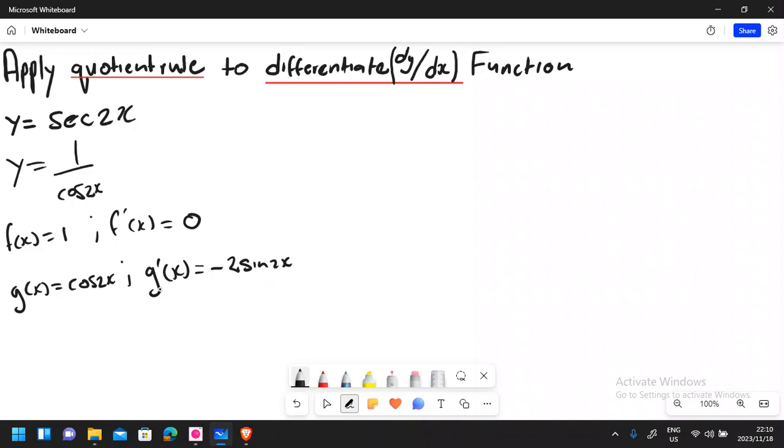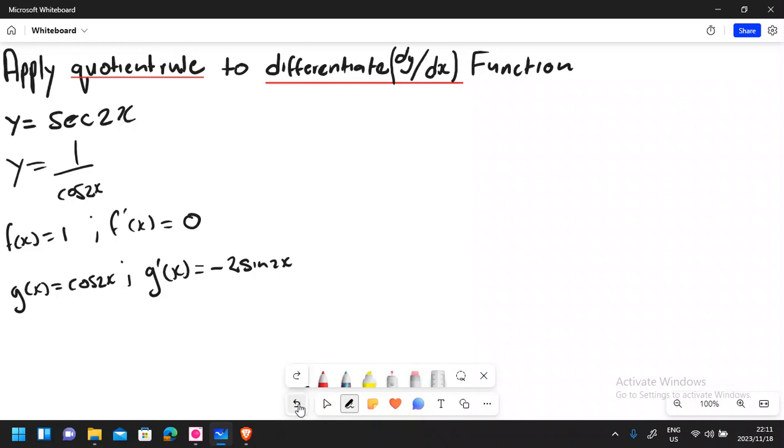This is the derivative of cos. Remember guys, if you don't understand how this came about, there is a video here where I tried to explain the derivatives of the trigonometric ratios. Go and watch that video there.